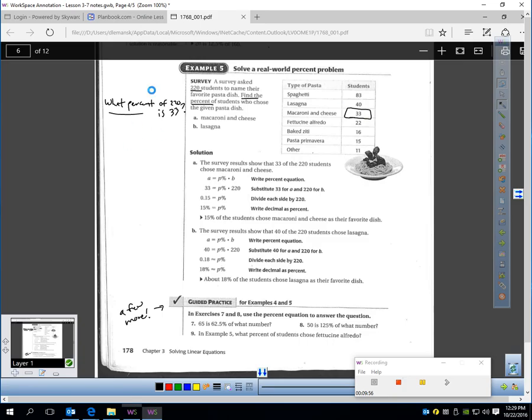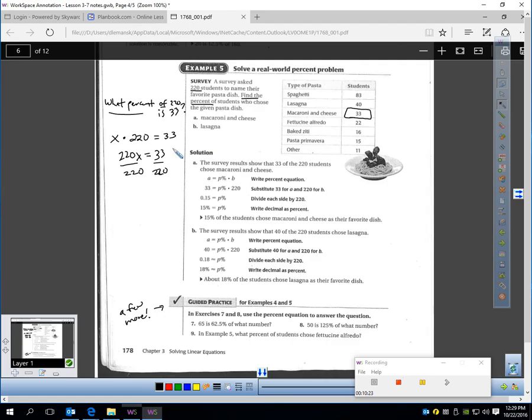So I can do it two ways. I could do a percent equation or a proportion. I'll just do a percent equation. What percent, I don't know, of means times, remember, 220 is means equals 33. If I solve this problem, I'll get the answer. So let me divide by 220.